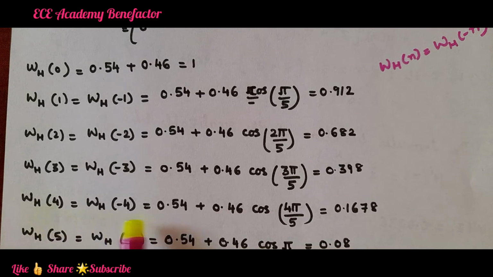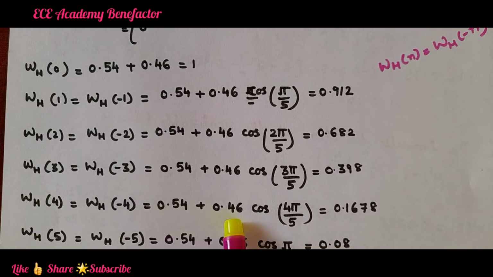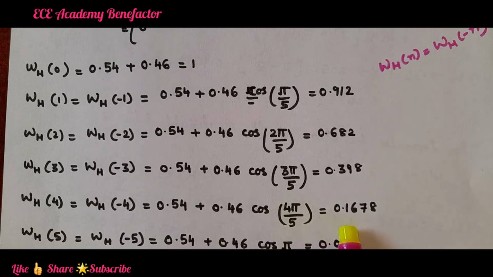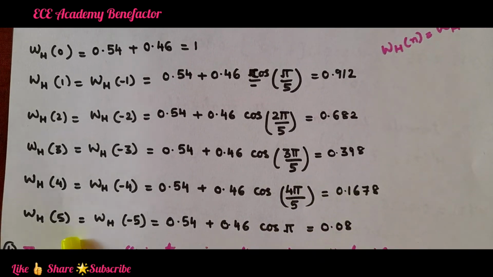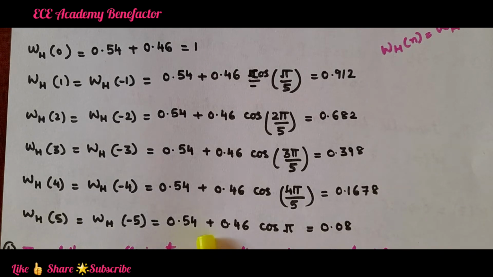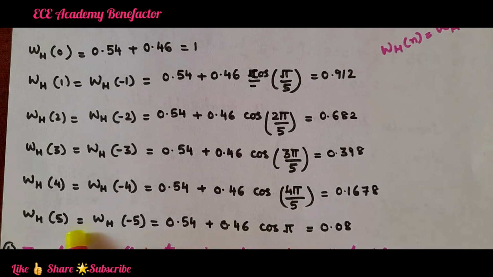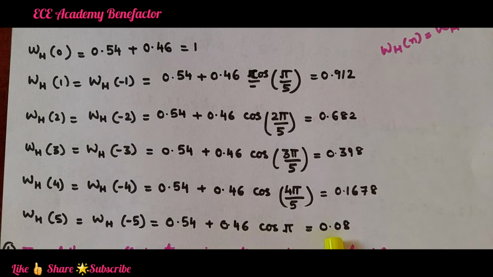WH of 4 is 0.54 plus 0.46 cos of 4 pi by 5, equal to 0.1678. WH of 5 is 0.54 plus 0.46 cos of pi, which simplifies to 0.08.